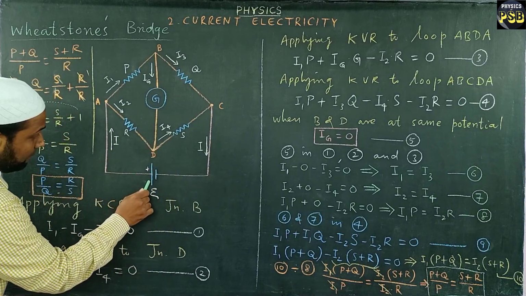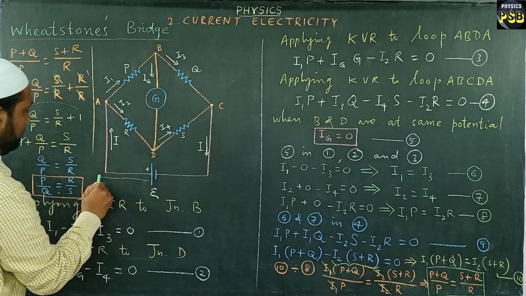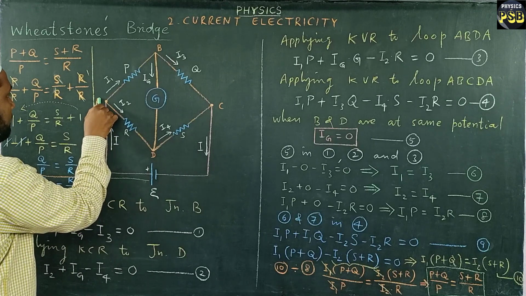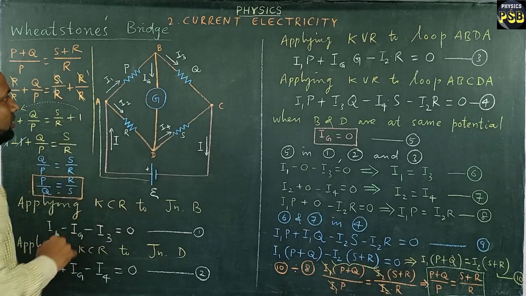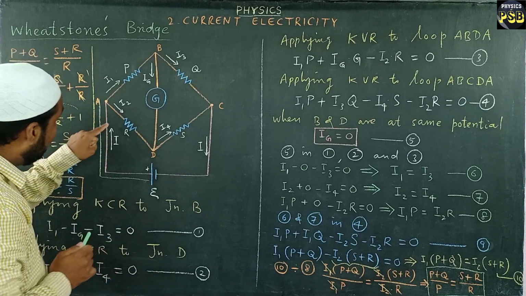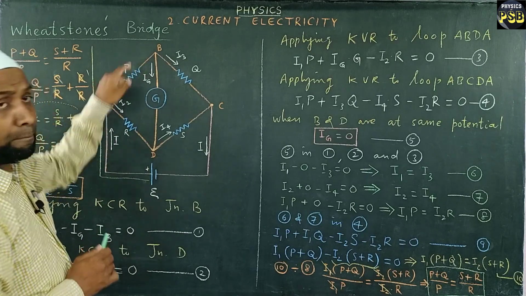We'll start from here. After reaching this end, let us move up to point A. Now after hitting point A, we find two paths. Current can flow through R or it can move through P.